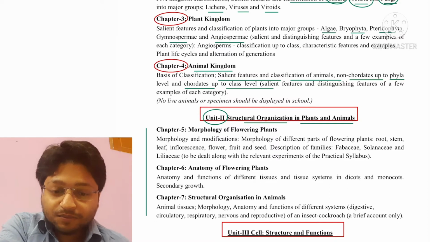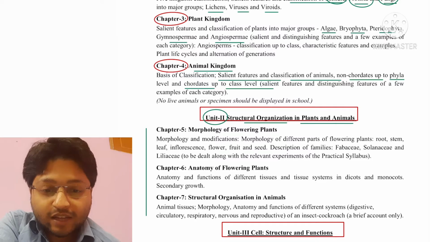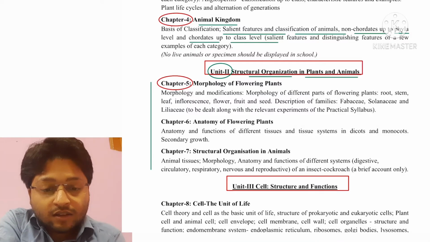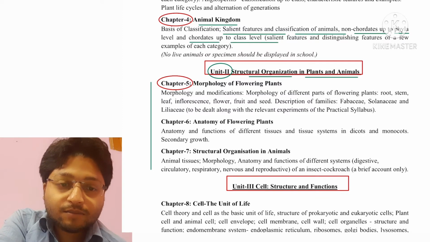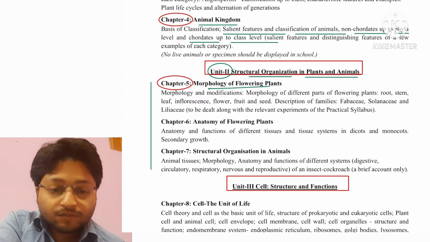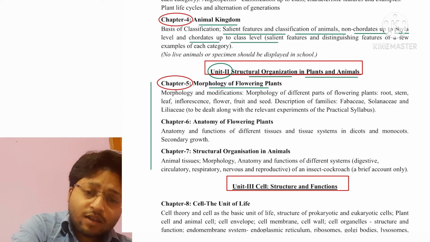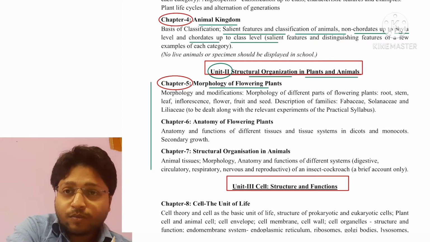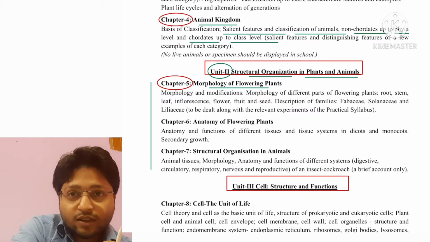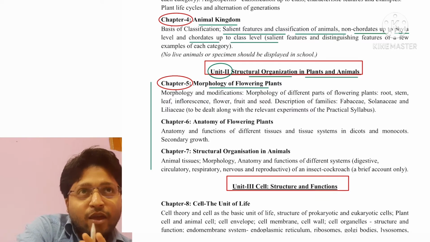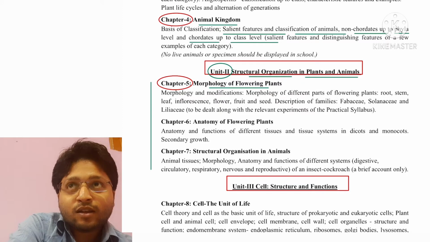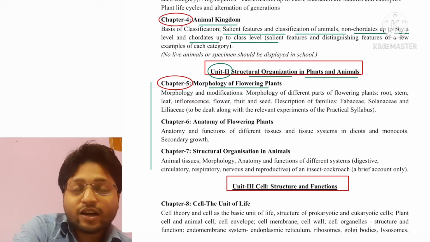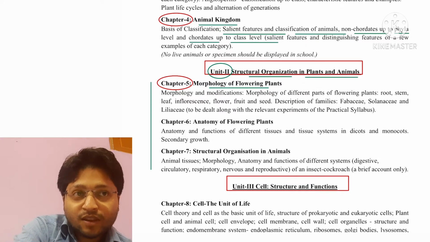3 chapters. In chapter 5 you will learn the morphology of flowering plants. So you know what morphology is? Morphology means every detail of an organism seen from the external side, right?